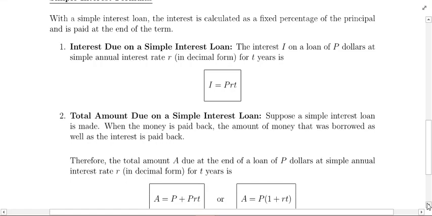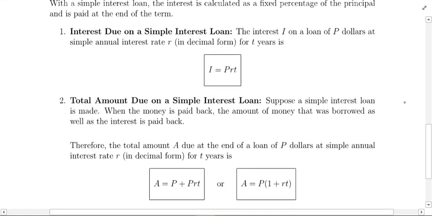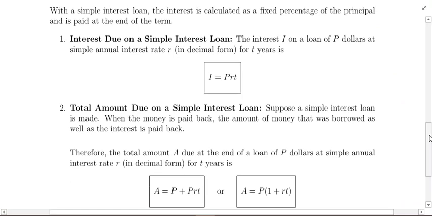There are 3 formulas for simple interest, and actually these 2 at the bottom are equivalent, so you could really just know one or the other. So really there's probably only 2 formulas you need to know for simple interest, and you will be given a formula sheet, and these formulas will be on your formula sheet.